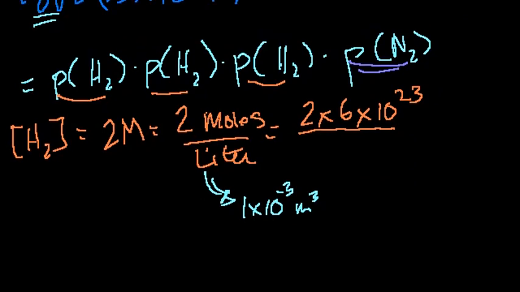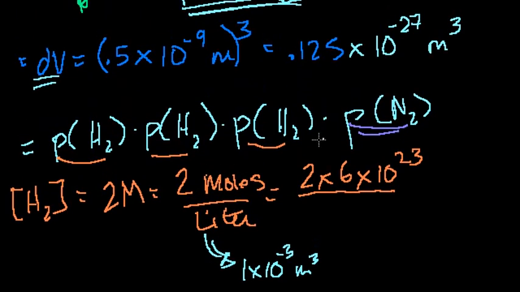So the other way you could say this is, 1 times 10 to the minus 3 meters cubed. And then if we want to figure out our dV, how many meter cubes are there per dV?